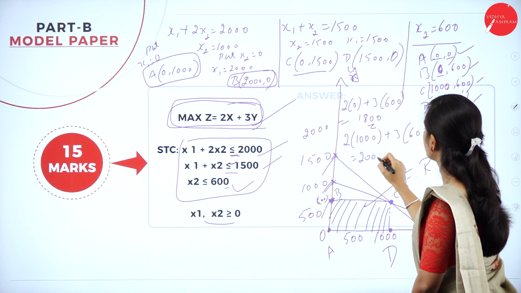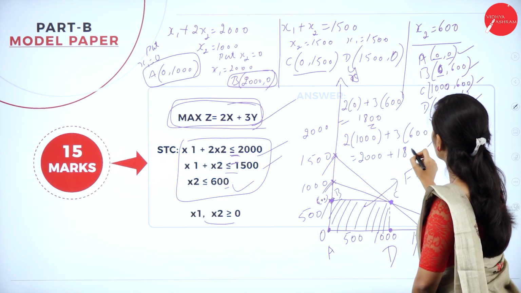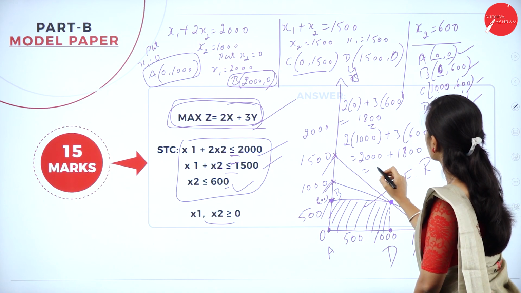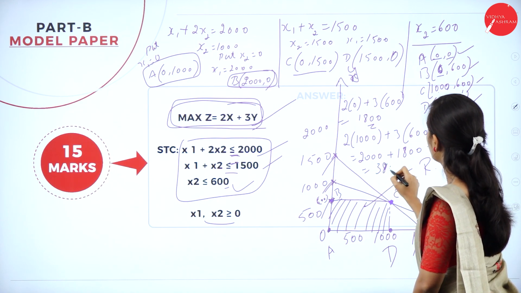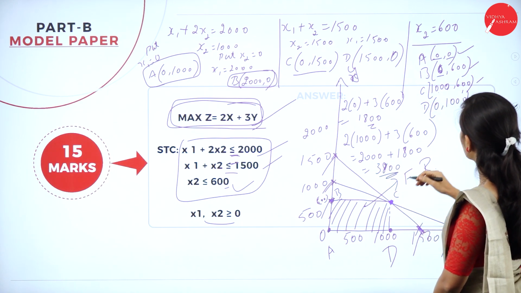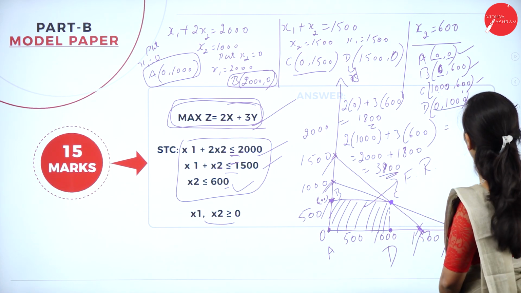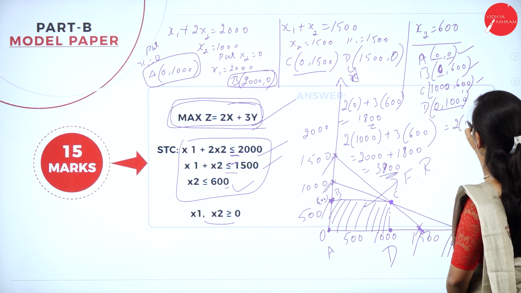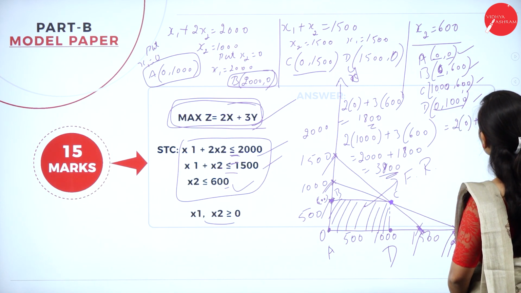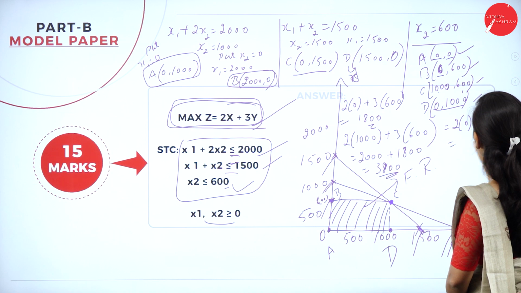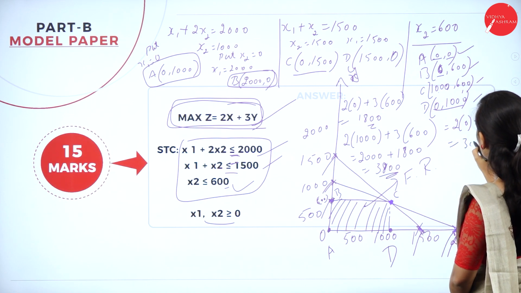So it is 2000 plus 1800, that is 3800. I hope this is the maximum value. And the last point is (0, 1000), that is 2 into 0 plus 3 into 1000, that is 3000.